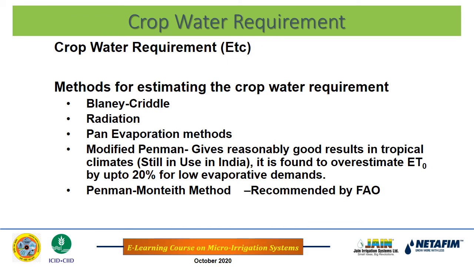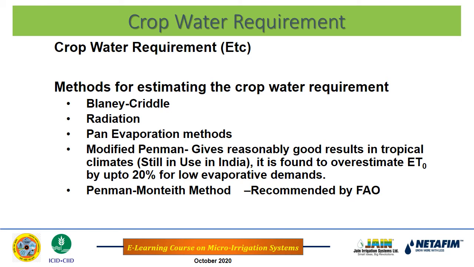Now as far as reference crop water requirement is concerned, there are various methods. There are certain empirical methods, some correlations between evaporation data, radiation data, and the crop water requirement. The various methods are the Blaney-Criddle method, which is basically an empirical formula developed by Blaney and Criddle. There is a radiation method, where radiation at any given point of time is directly correlated with crop water requirements.